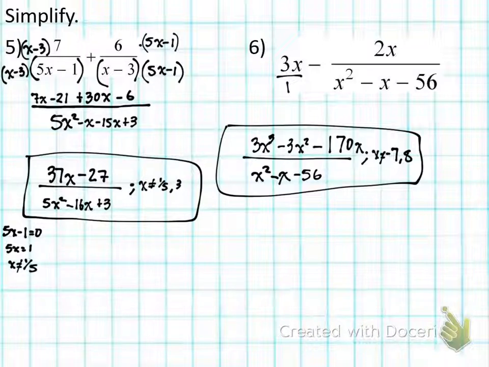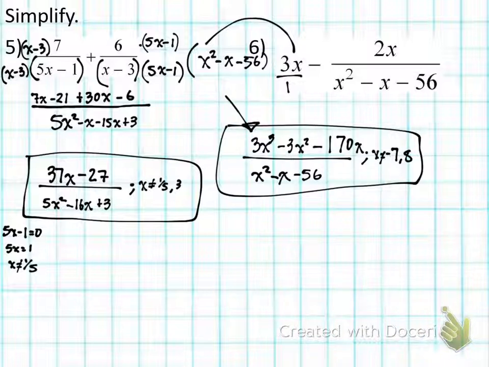Yes. Do you want me to do it for you? Yeah. Okay. So on this side, we have to multiply this whole denominator of x squared minus x minus 56. Okay, then we multiply 3x times x squared is 3x cubed, which is where we got this right here. You see? Okay.